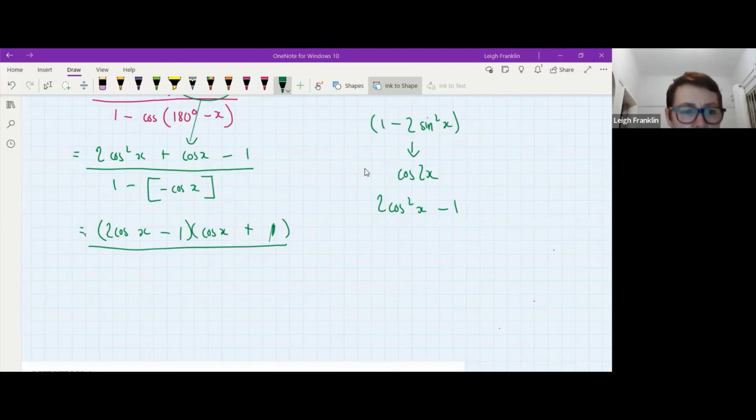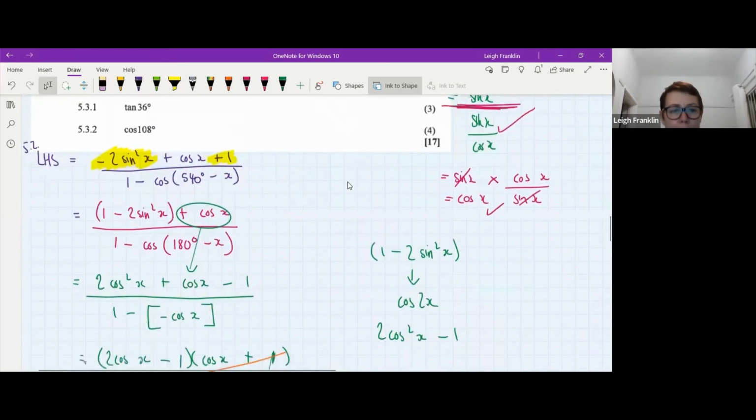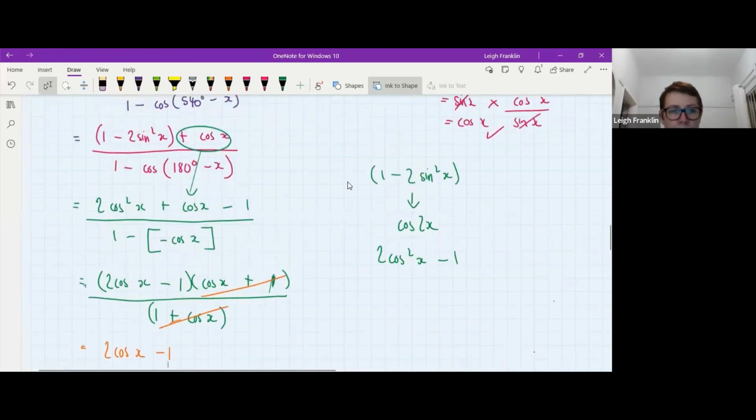Down at the bottom, we have 1 plus cos x. Whether it's cos x plus 1 or 1 plus cos x, those are the same. Now that we have factorized, we can cancel that out. And there we go, guys, what we had on the right-hand side. Does that make sense to everyone?